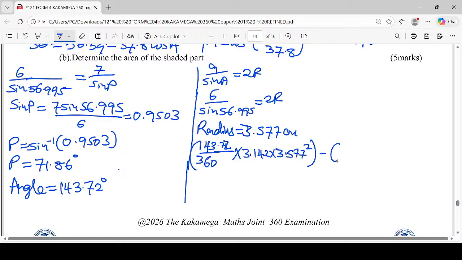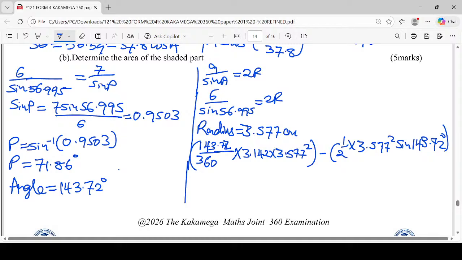Minus the area of the triangle, which is a half AB sine theta. So a half times 3.577 squared, sine the angle in between, 143.72 degrees.